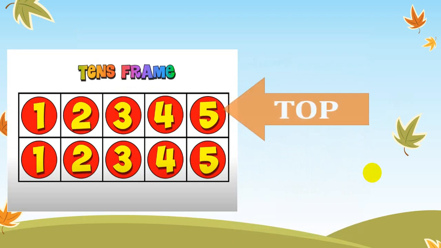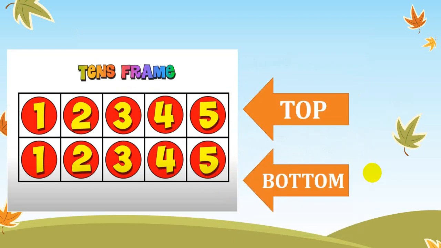Very good. It means that the top and the bottom have the same amount and it makes double of 5. The top side has 5 and the bottom also has 5. So double of 5 is 10. Let's count 1, 2, 3, 4, 5.